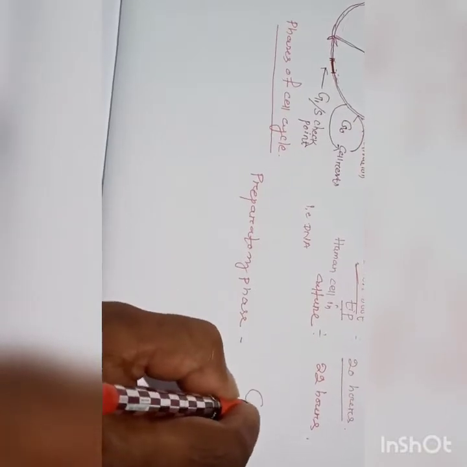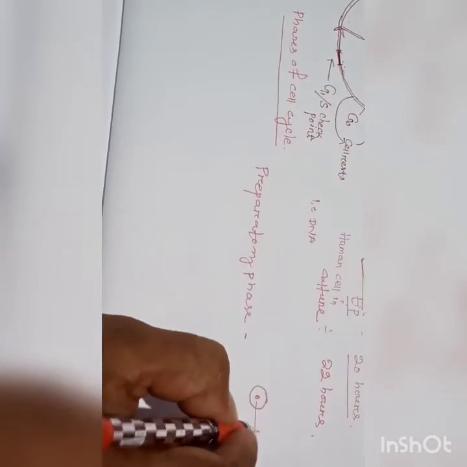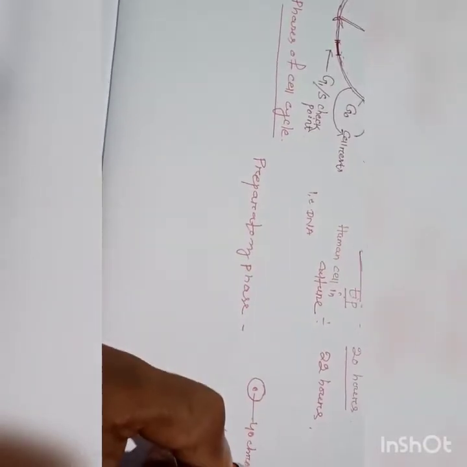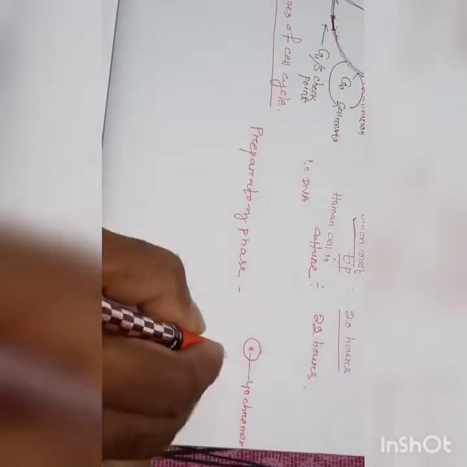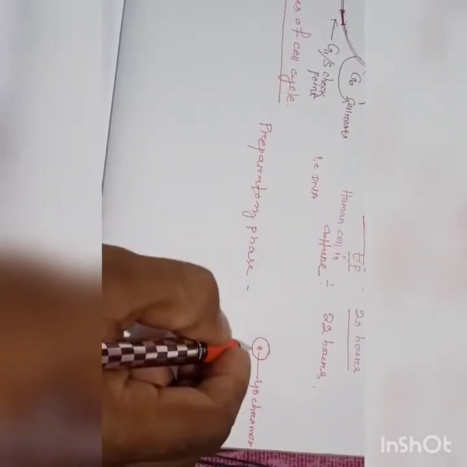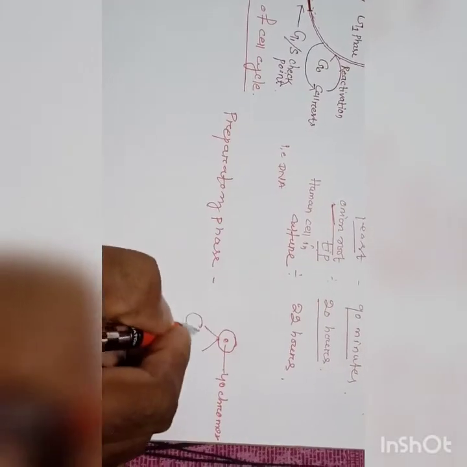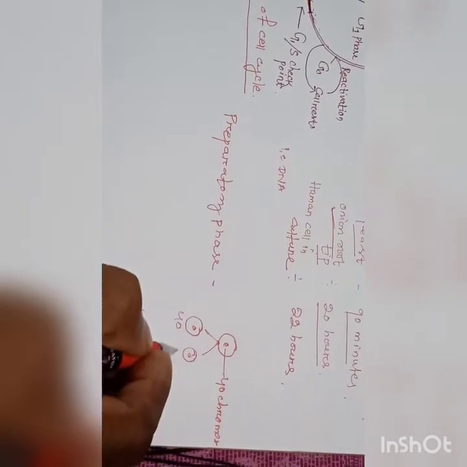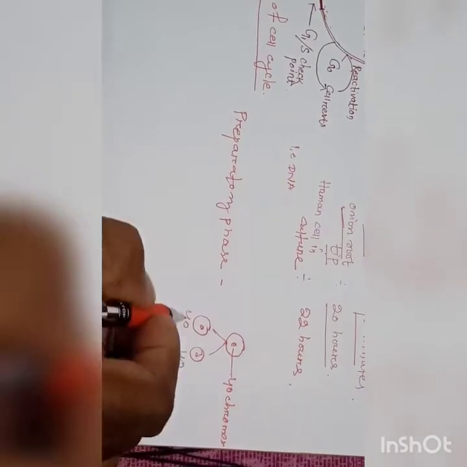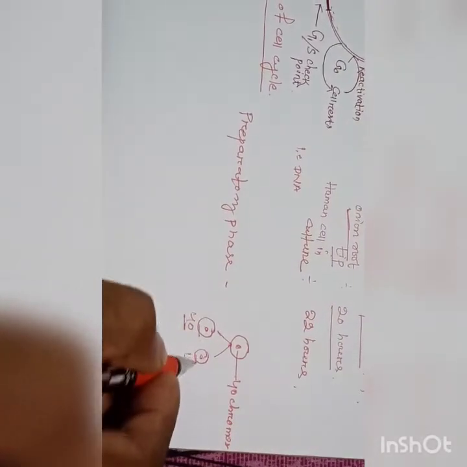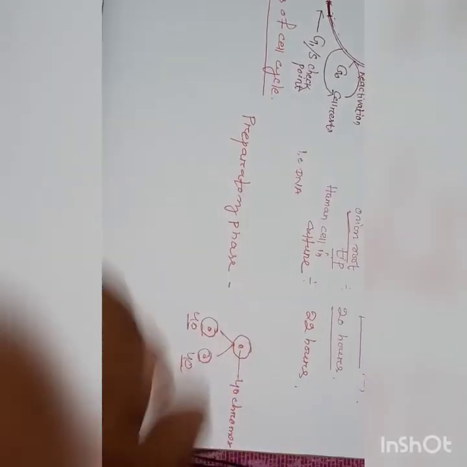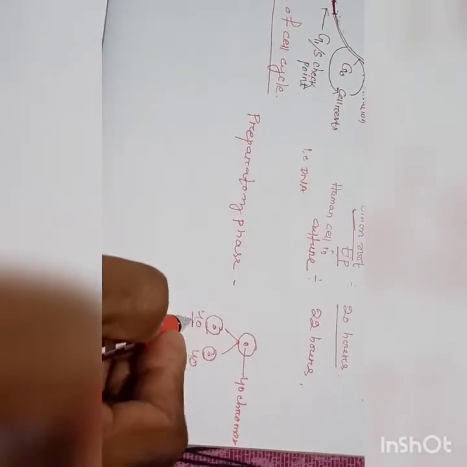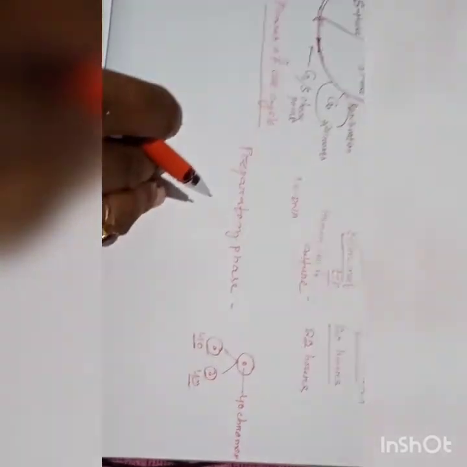We'll take another case. Suppose a cell has 40 chromosomes. It divides by mitosis to form two daughter cells, and each daughter cell also has 40 chromosomes. So how is this possible? Where does this extra chromosome come from?